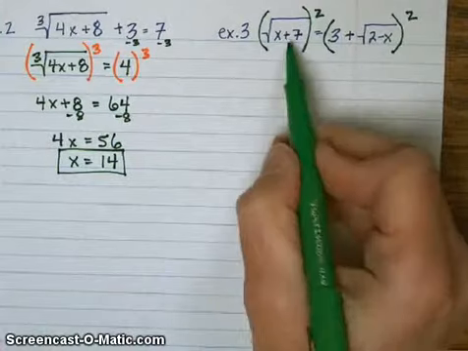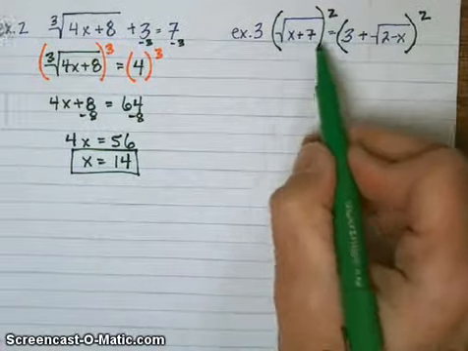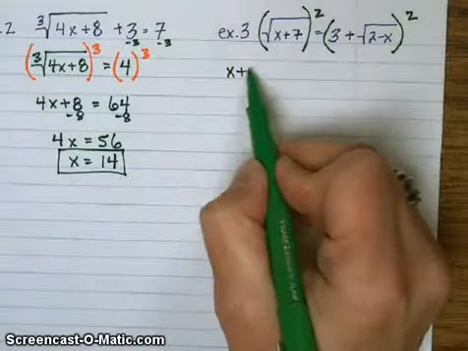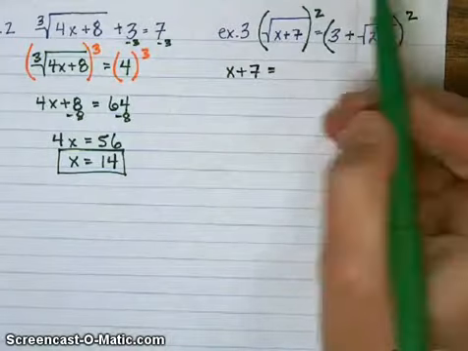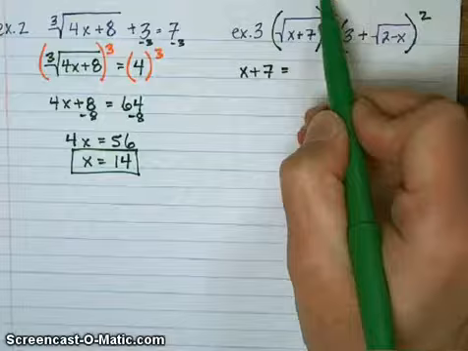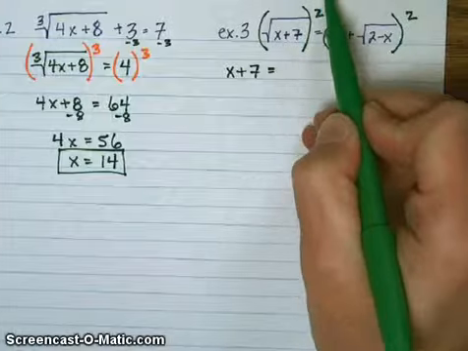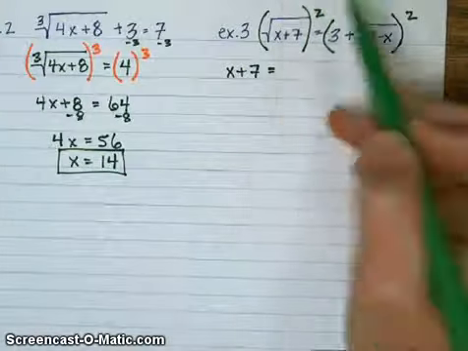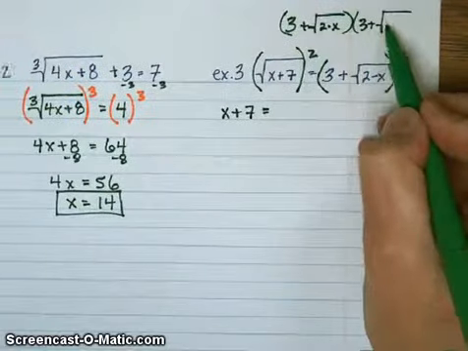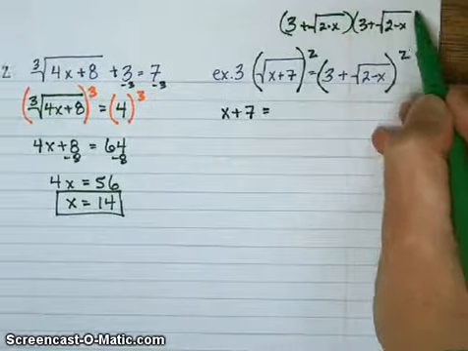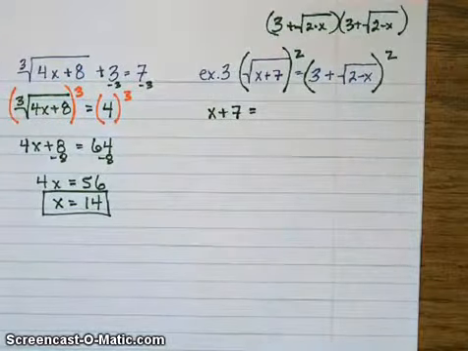We square the square root of x plus 7, we get x plus 7. When we square this side, remember this is 3 plus the square root of 2 minus x times 3 plus the square root of 2 minus x. So we have to FOIL this. So the first term is 9.